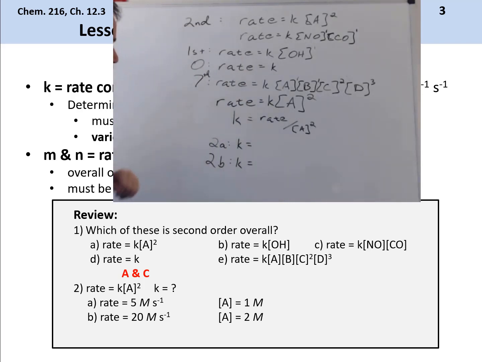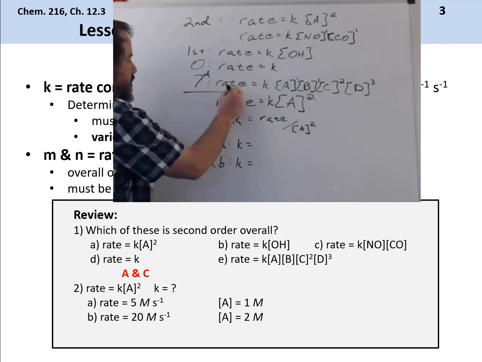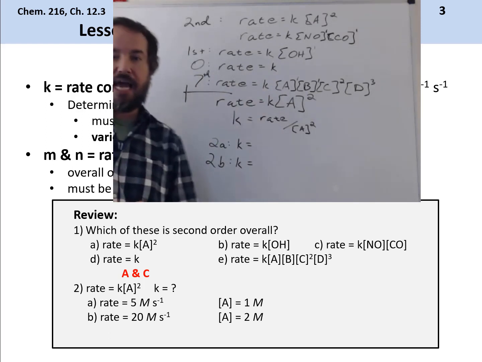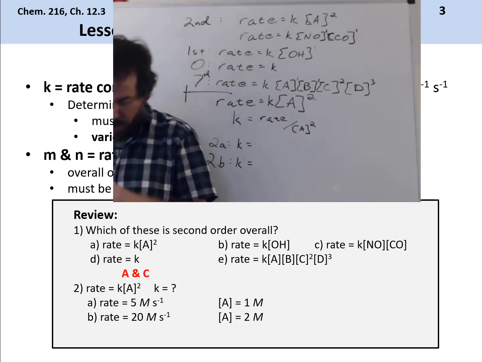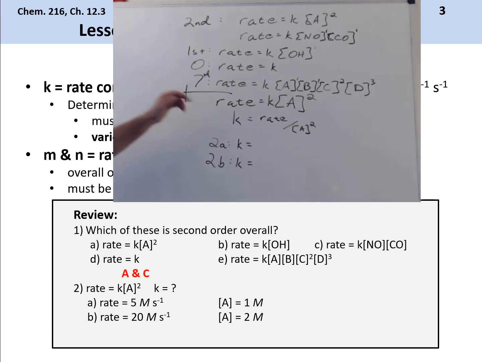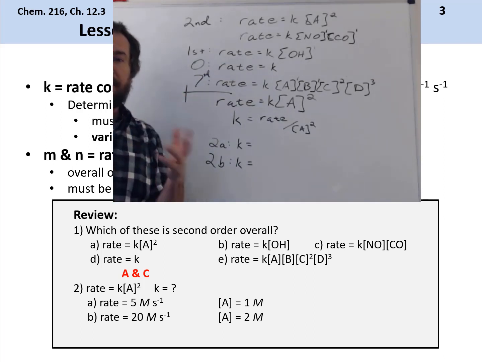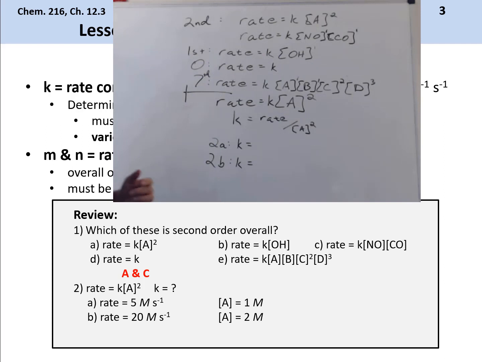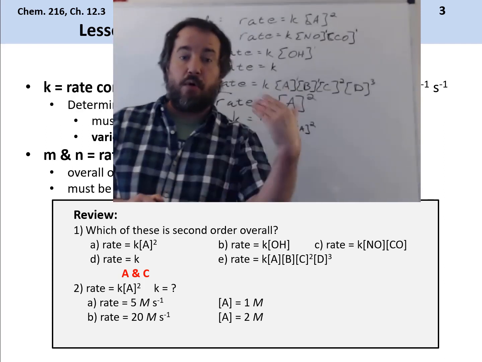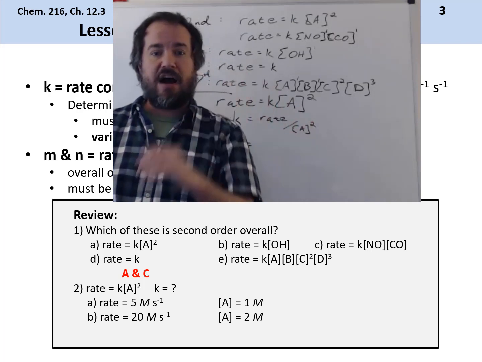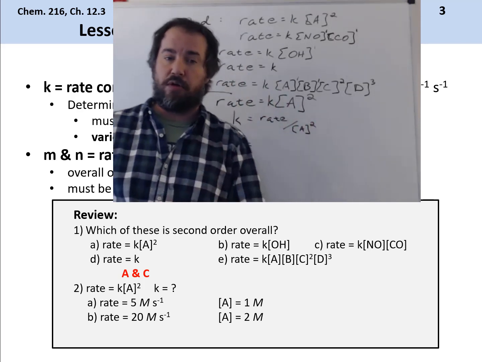All right, so the second part tells us that we have rate equals k[A]^2. This is the differential rate law. And we're asked, what's the value for k under certain circumstances? So in A, we're told that rate equals 5 molar per second, and the concentration of A is 1 molar.